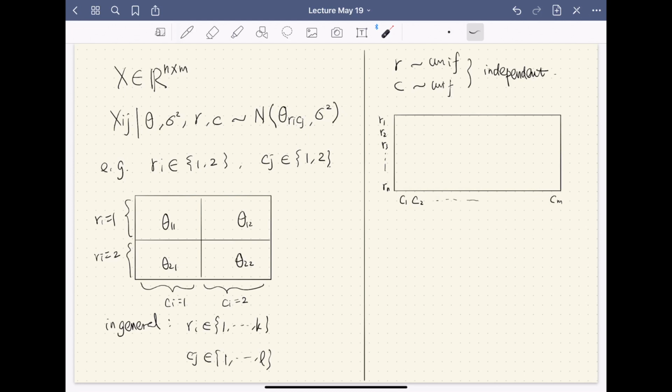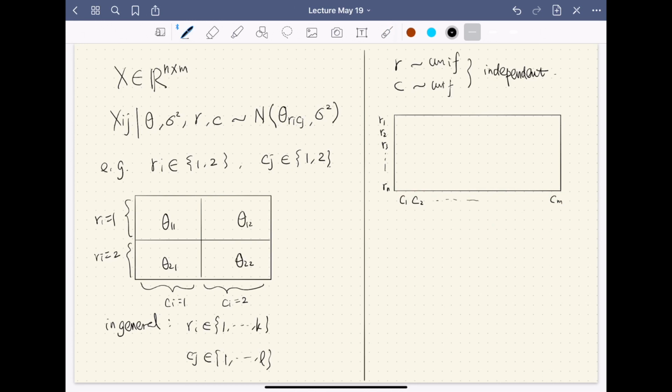Independently for each entry, you sample, for example, R1 from the uniform distribution from 1 to k, R2 also uniformly from 1 to k, all the way to Rn, and then you independently sample C1 from 1 to L, C2 from 1 to L. So everything is independent, meaning the row cluster vector and the column cluster vector are independent.